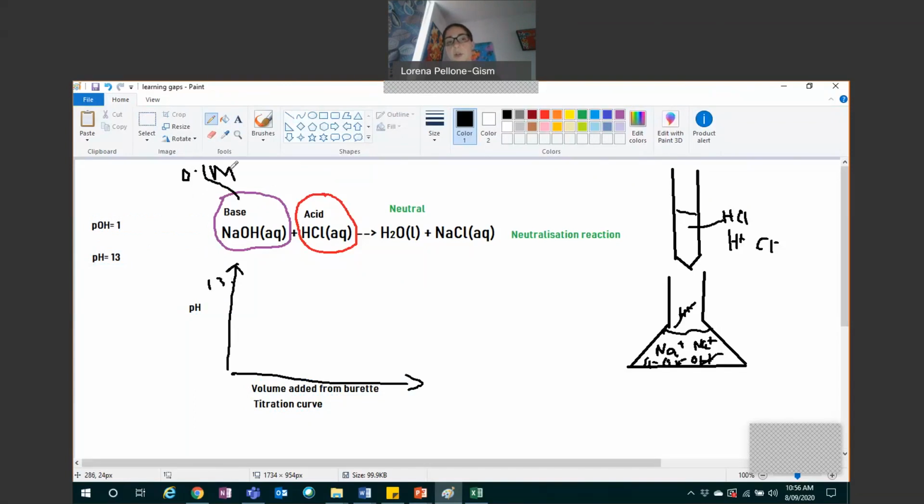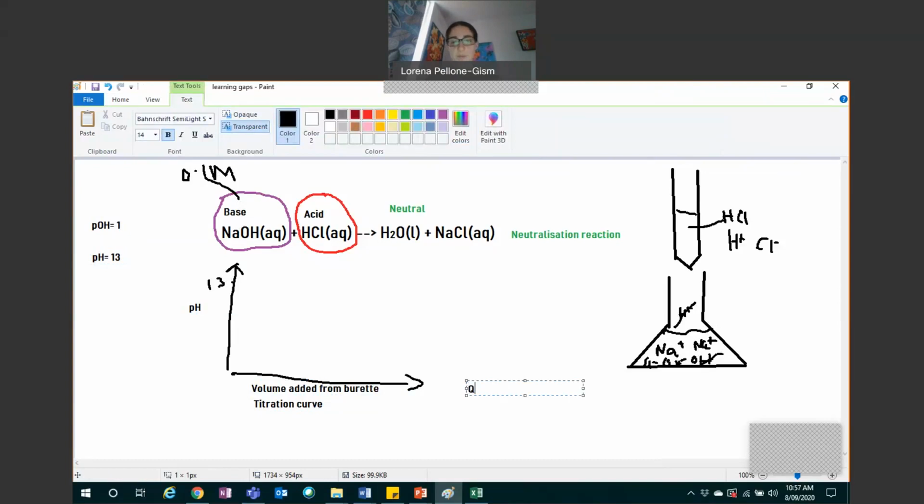Now the whole thing is your known is your sodium hydroxide. So let's say, I don't know, we start off with 100 mils. We're getting into calculations now. So the question might be, determine the concentration of HCl required to react with 0.1 molar sodium hydroxide.